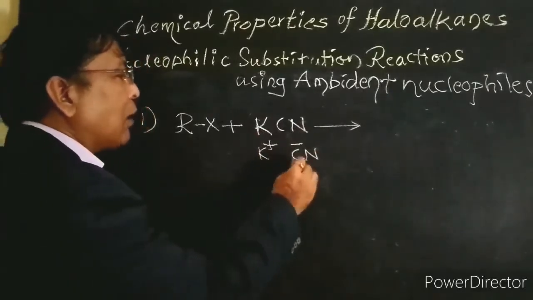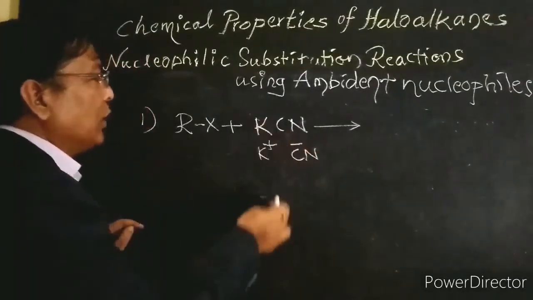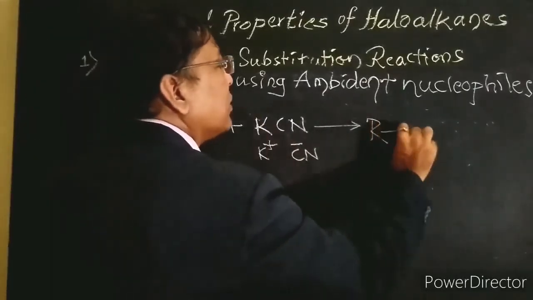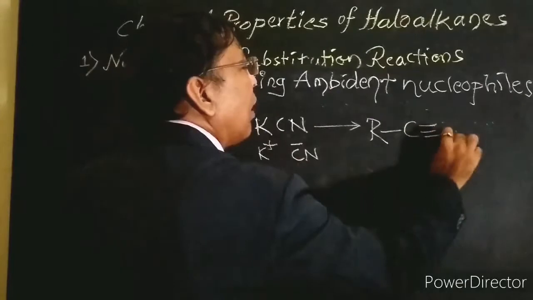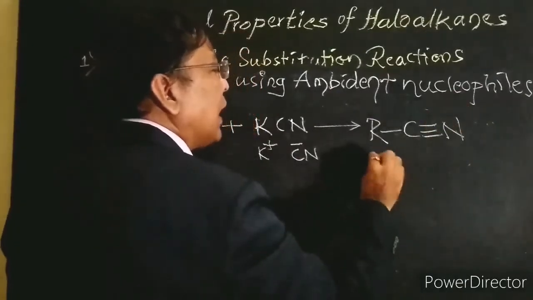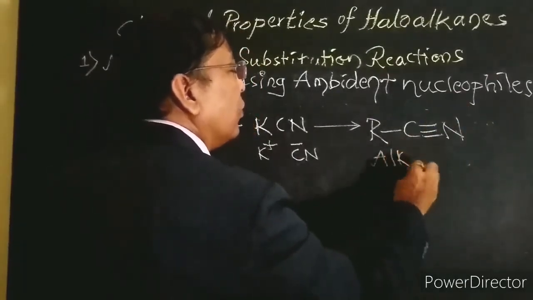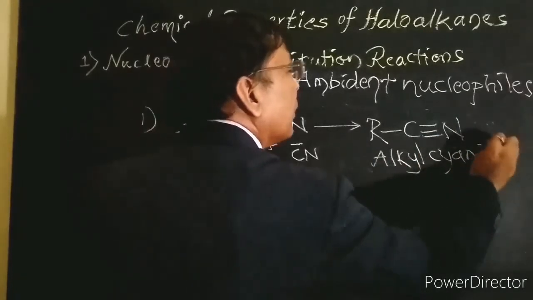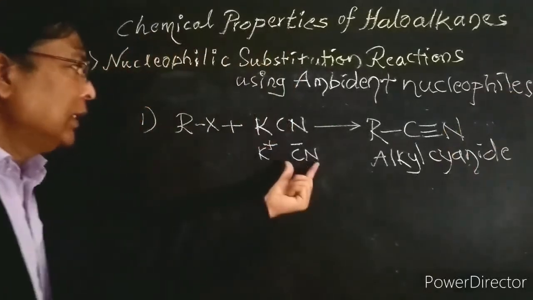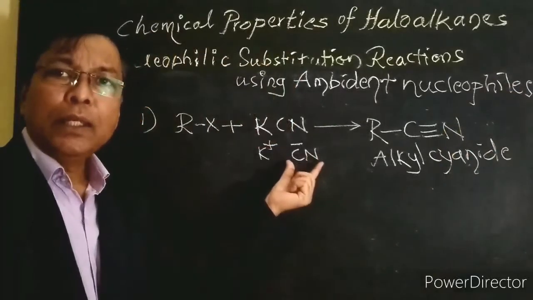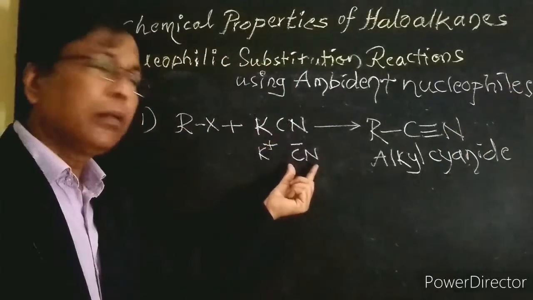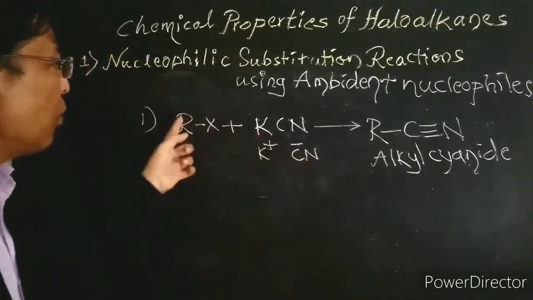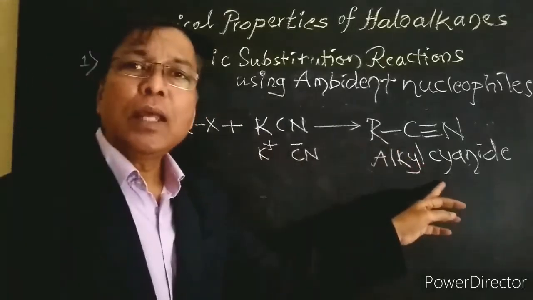Here the carbon atom is electron rich, so it forms the bond with alkyl group and we get RCN, that is alkyl cyanide. Here this cyanide group is a bidentate nucleophile. Here carbon atom is electron rich, therefore it forms a bond with alkyl group and we get alkyl cyanide.